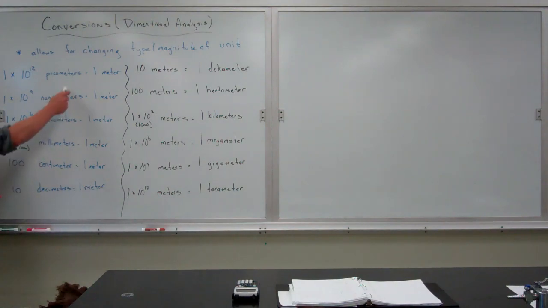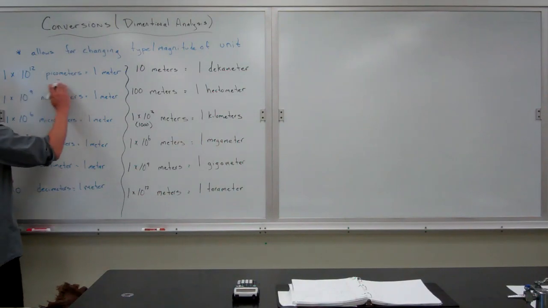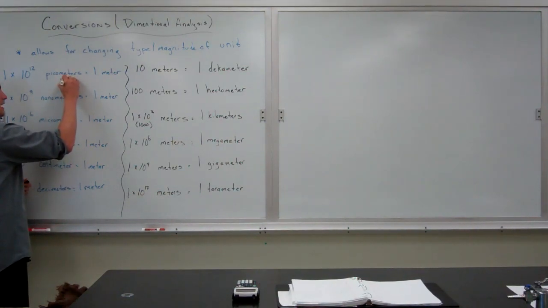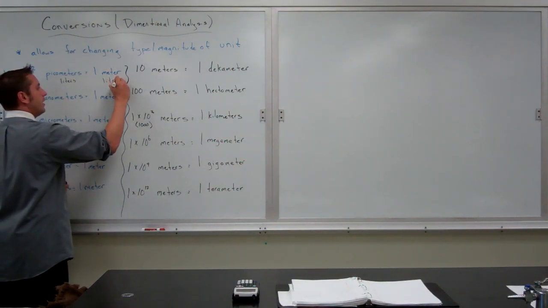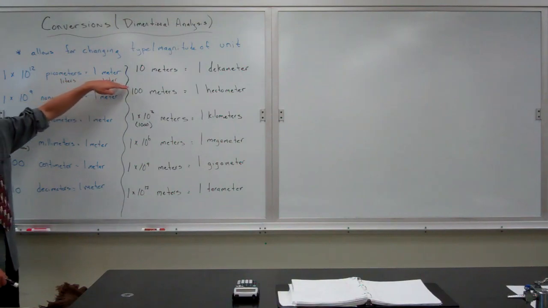Second, the word meters here is interchangeable with any other measurement unit that we have. For instance, 1 times 10 to the 12th picometers equals 1 meter. Just as similar, 1 times 10 to the 12th picoliters equals 1 liter. 1 times 10 to the 12th picograms equals 1 gram.